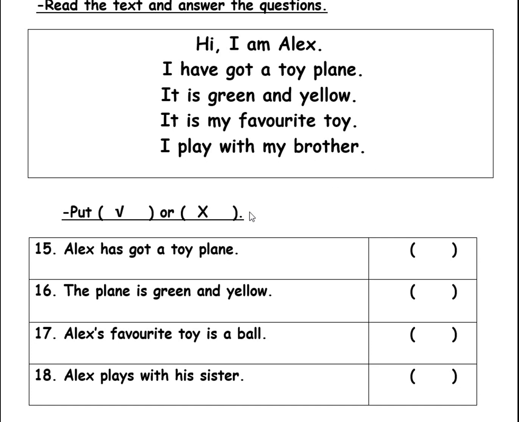Okay, Alex has got a toy plane. So, yes or no? Of course it is yes or correct. The plane is green and yellow. It says here green and yellow.